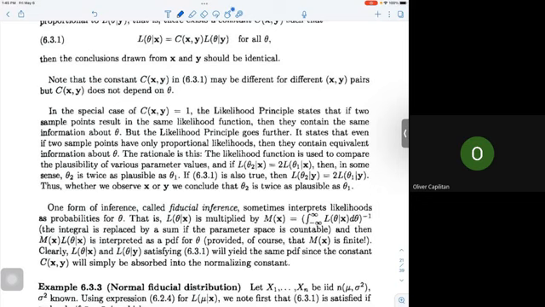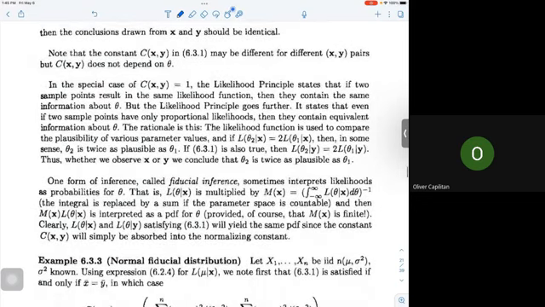So the rationale is this: the likelihood function is used to compare the plausibility of various parameter values. Say we have two parameter values, theta sub 1 and theta sub 2, and the likelihood function of theta sub 2 given x is twice the likelihood function of theta sub 1 given x. Then, in some sense, our parameter theta sub 2 is twice as plausible or reasonable as theta sub 1.